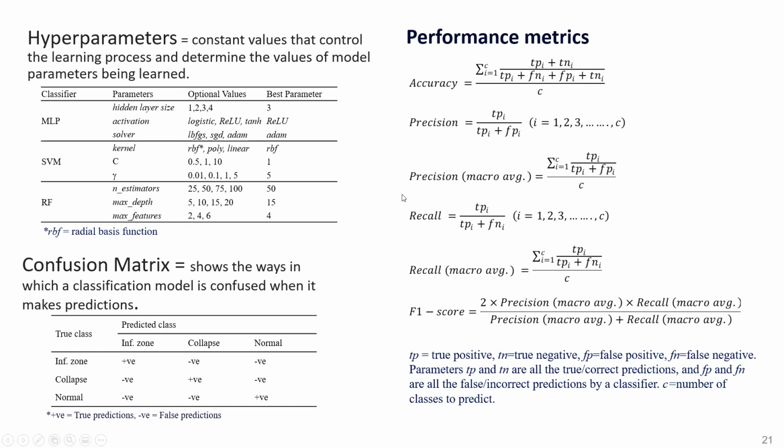In doing a machine learning algorithm, it's important to decide what we call hyperparameters. These are parameters that are not the ones that you're learning for. This is not your data set. This is not the data that you're trying to learn from. They are parameters that control how the programs or the algorithms are being carried out.